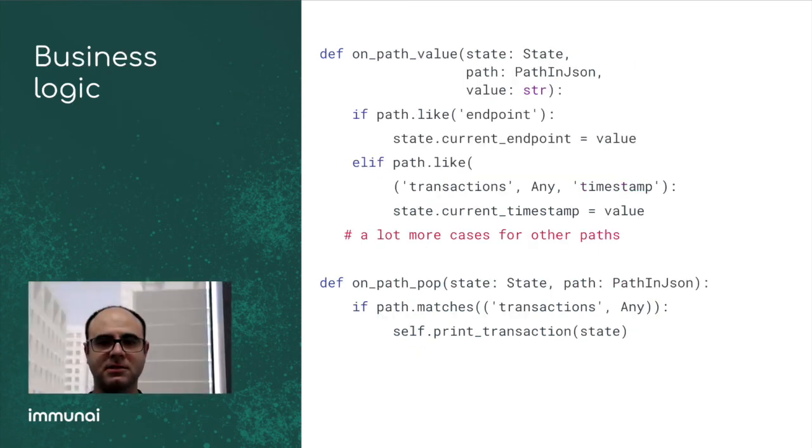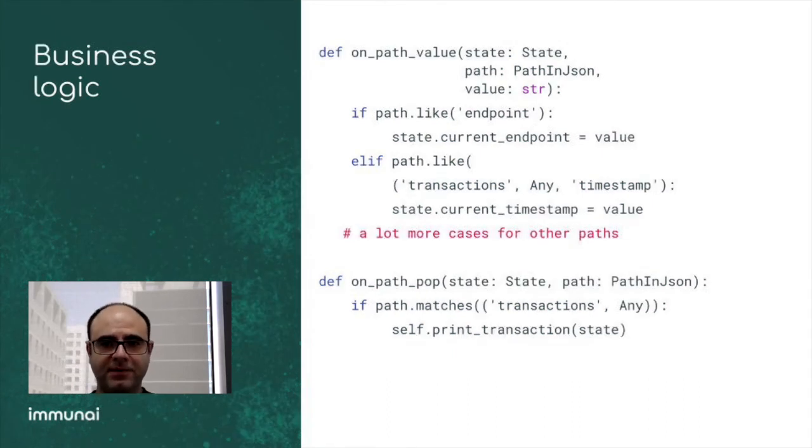Business logic is invariably like, we got to some well-defined path, we got some well-defined value, let's do something about that. So for instance, one kind of event is that we saw some value that matches the key that we want.